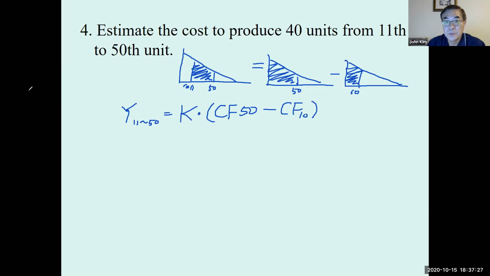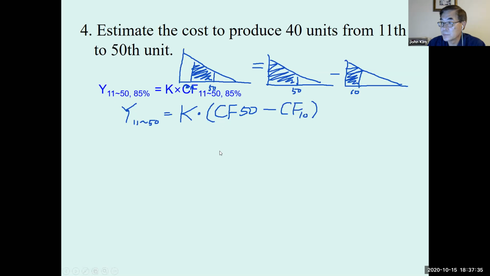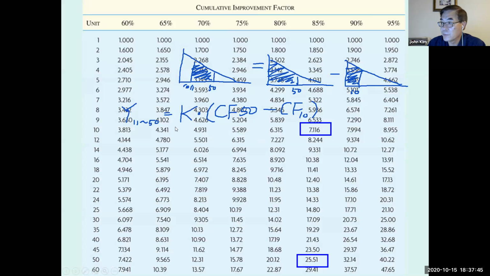Same: cumulative factor 50 minus cumulative factor 10. Then from the second table, at 85%, cumulative factor 50 is 25.51 and cumulative factor 10 is 7.116.